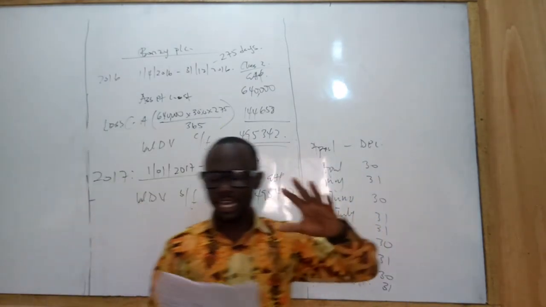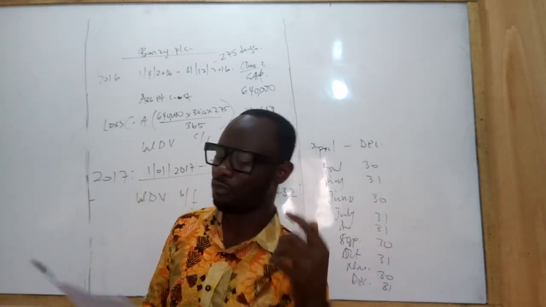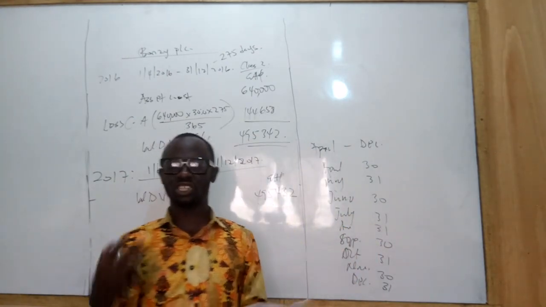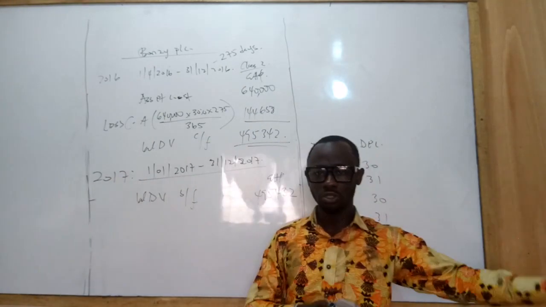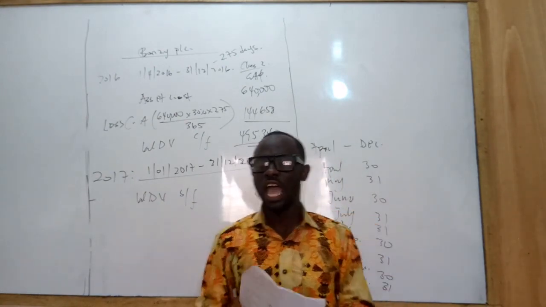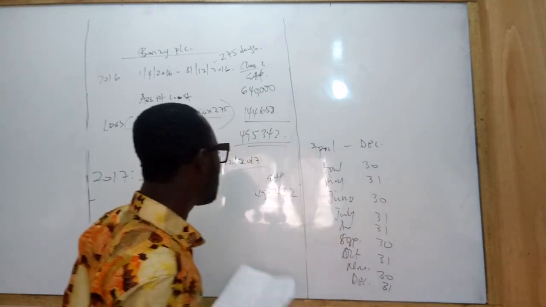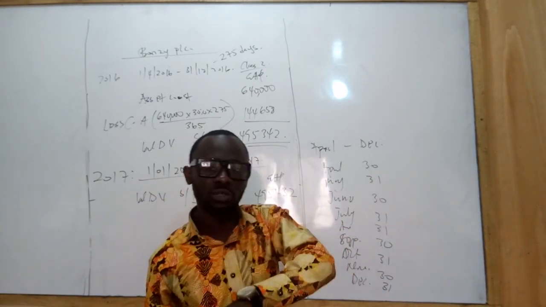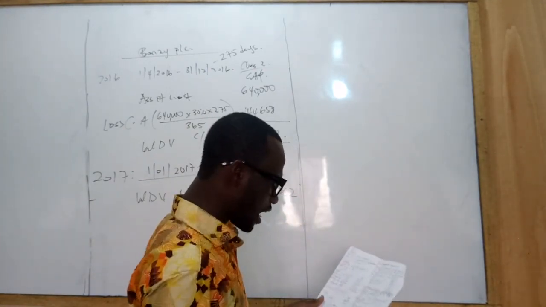We were told that during the year ended 31st December 2017, the company incurred 51,000 for replacement of a machine part. So this is an additional cost they incur, a repair or improvement. Which portion should be allowed in the income statement for the calculation of the adjusted profit, and which portion should be capitalized? That is our concern here. To be able to determine how much of the 51,000 should be capitalized and how much should be written off to be deductible, we need to do our workings for it. So let's work that out.